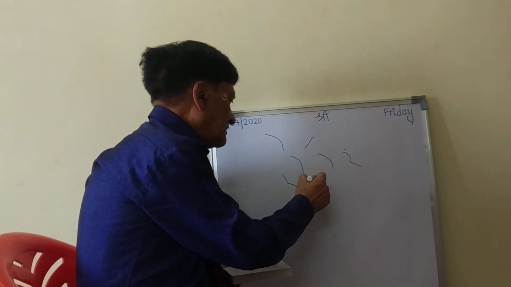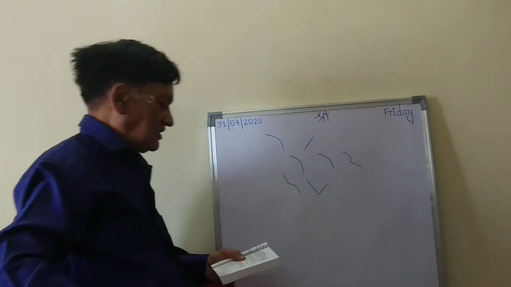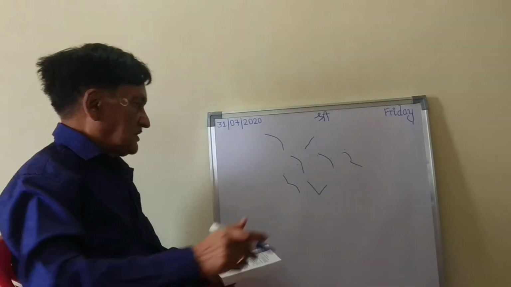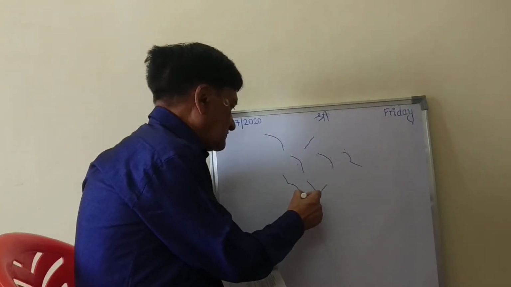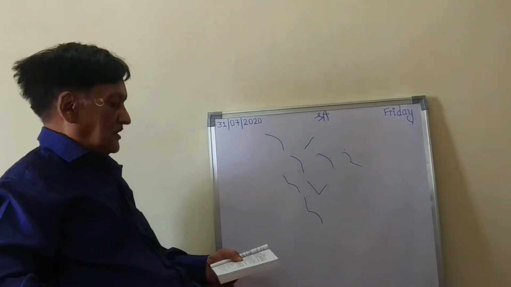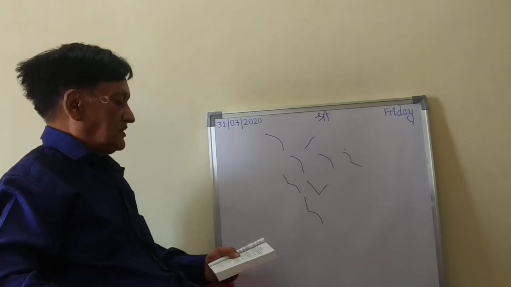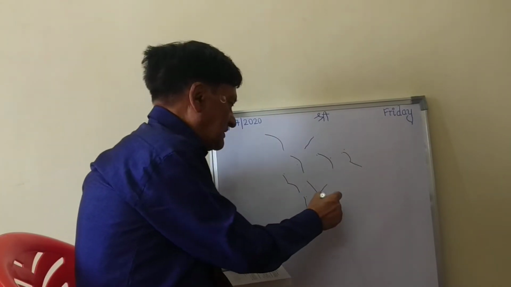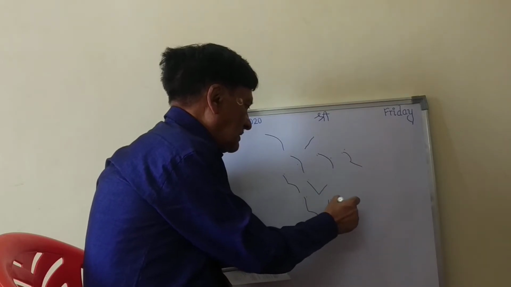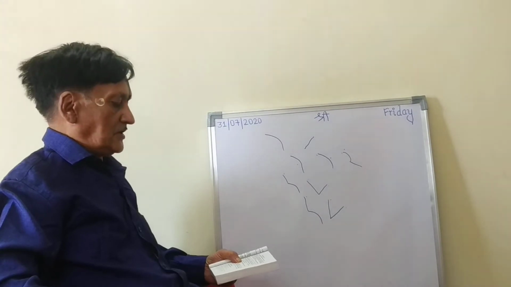But tarry, after R there is a vowel, it is written upwards.